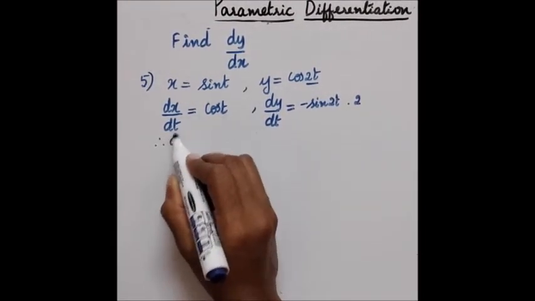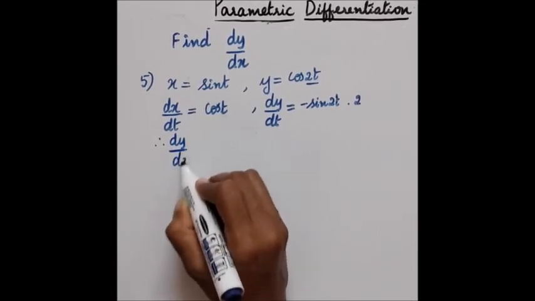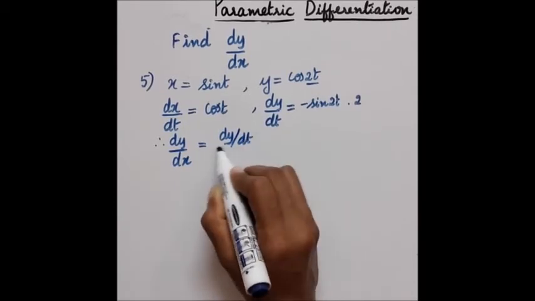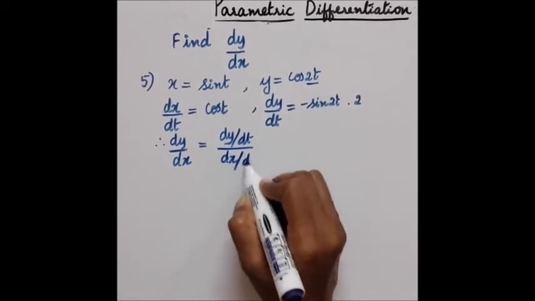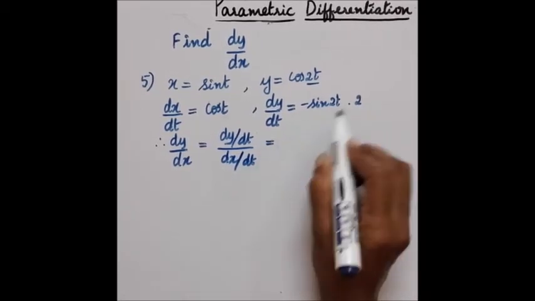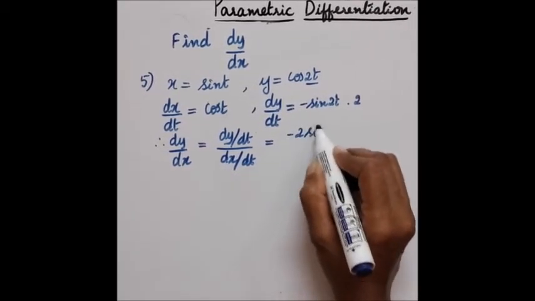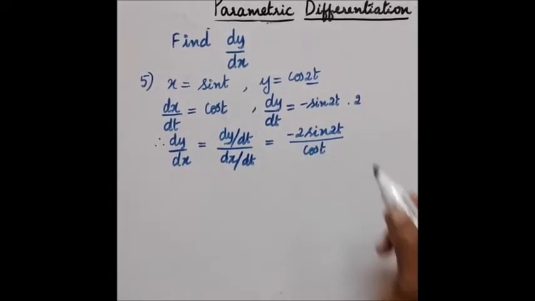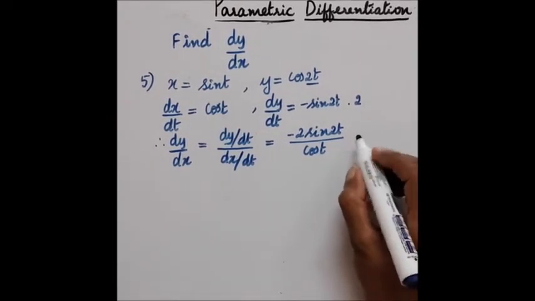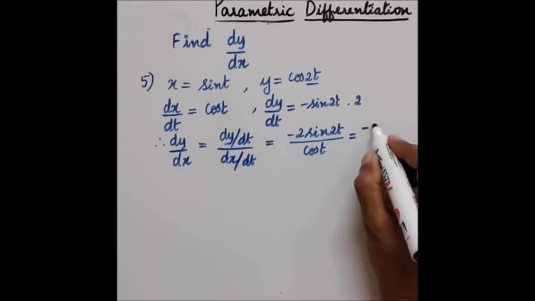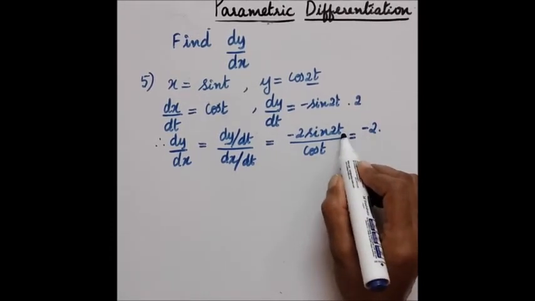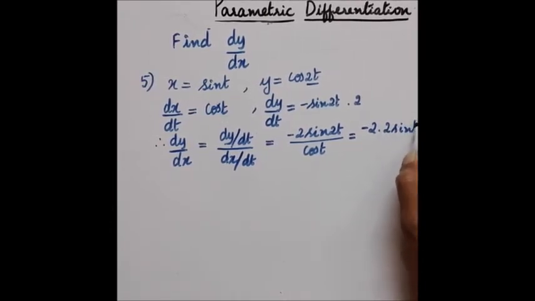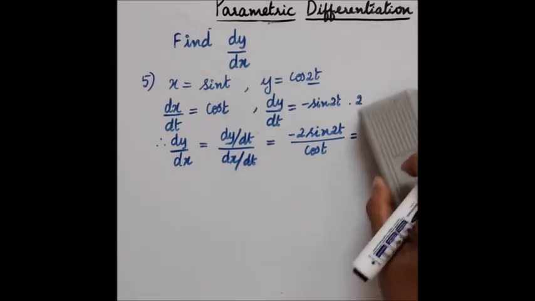So therefore, we get dy by dx, that is given by dy by dt by dx by dt, which is equal to minus 2 sine 2t divided by cos t. This can be simplified further using the multiple angle formula sine 2 theta. So sine 2t is 2 sine t into cos t.